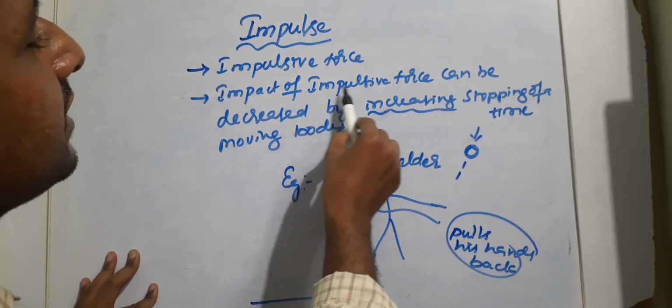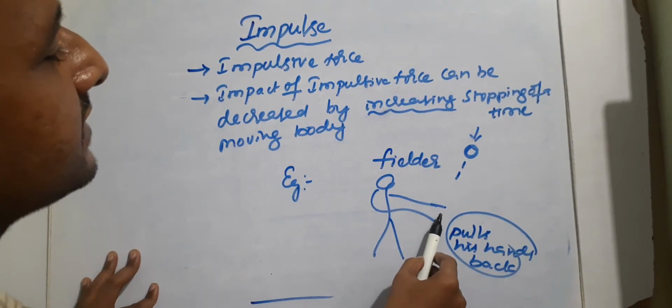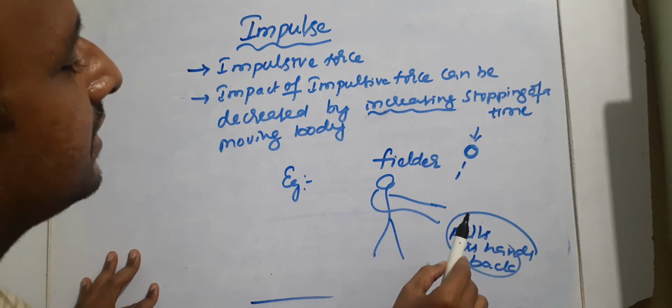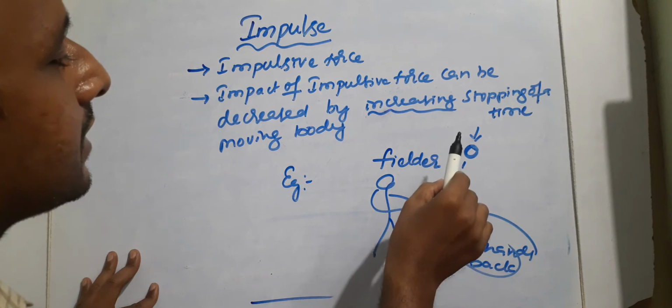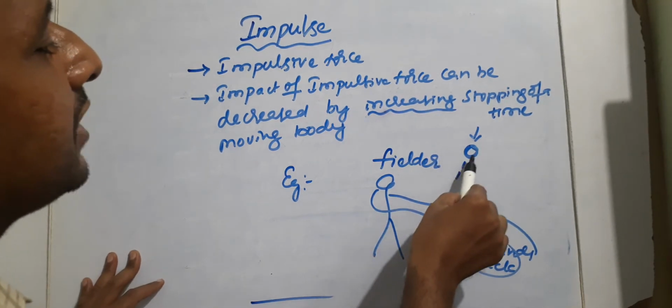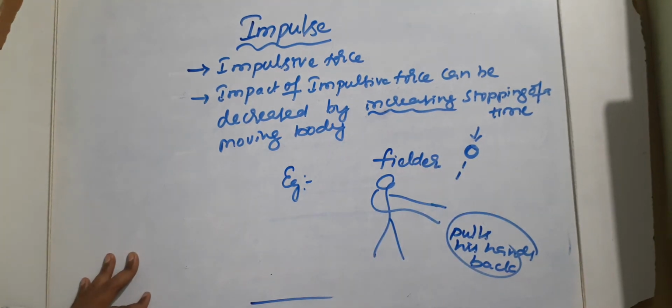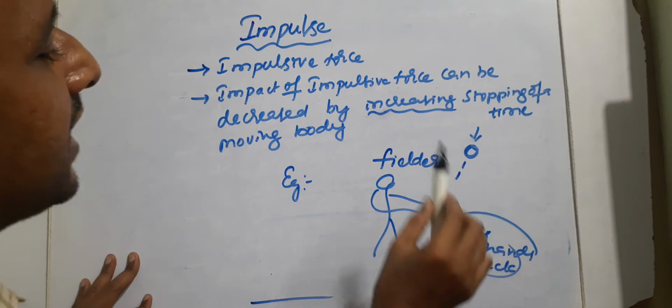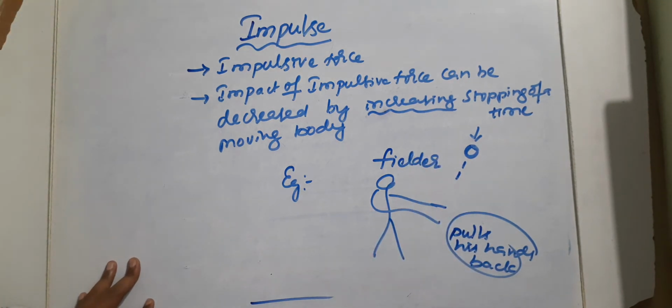Thereby the impact of impulsive force on his hands decreases. Now he doesn't get hurt. He can catch the ball safely. By this, the change of momentum in the body will be decreased, and also the impulsive force impact on his hands will be decreased. That is why, to decrease the impact of impulsive force, we must increase the stopping time of a moving body.